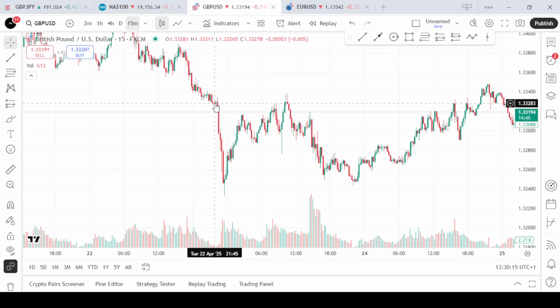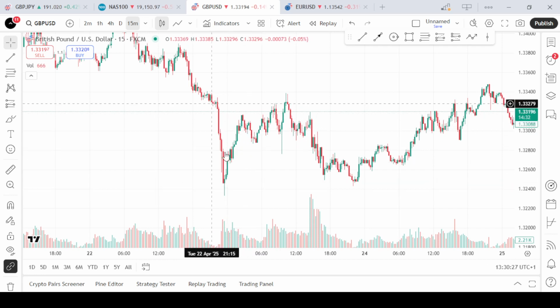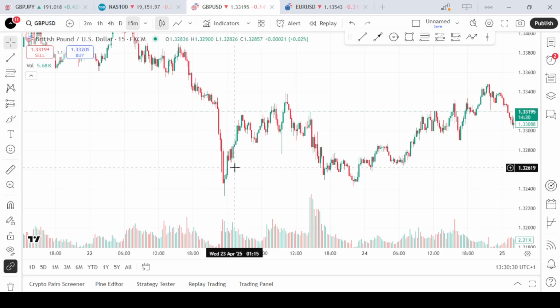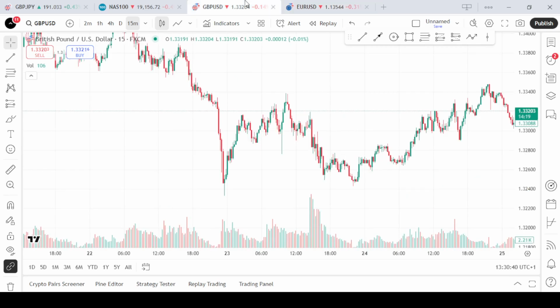You can see price quickly went down at this area, a sharp move to the downside, and at the same time it reversed to the upside quickly, the same way it reversed to the downside, and quickly moved back to the upside in the same way. This is another example. It quickly moved up in one direction and it quickly reversed in the other direction.